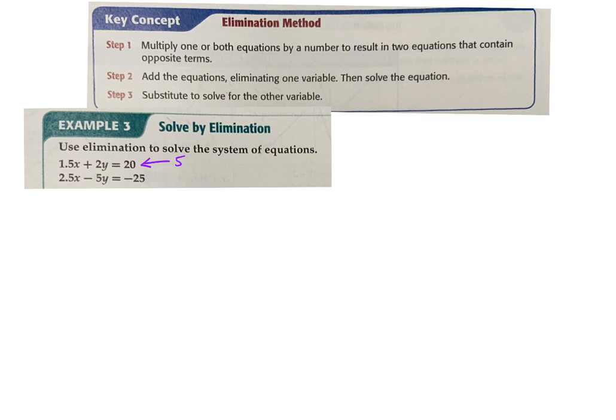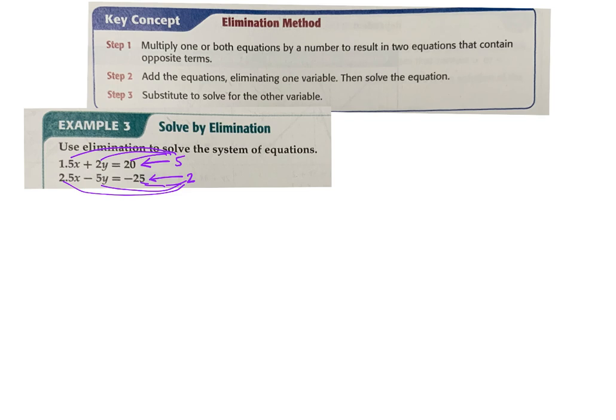And I know that my 2y will turn into a 10y. And then I'm going to multiply the entire bottom by 2. And I know that that y will be a negative 10y. And that's exactly what I want to happen. All right. So I'm going to take this 5 and multiply it through every piece of this. And I'm going to take the 2 and do the same exact thing, every piece of that. All right. Just like I was distributing.